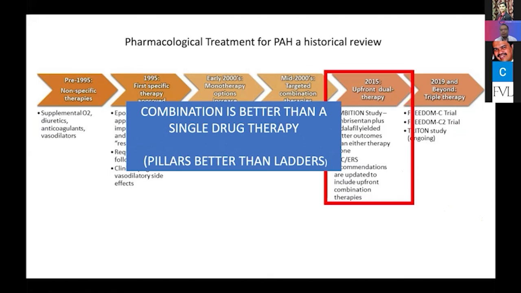The AMBITION study looked at ambrisentan plus tadalafil, and patients had a better prognosis and a better 3-point MACE when compared to tadalafil alone. But we are in anticipation of the TRITON study, which involves not 2 but 3 separate medications for pulmonary arterial hypertension.